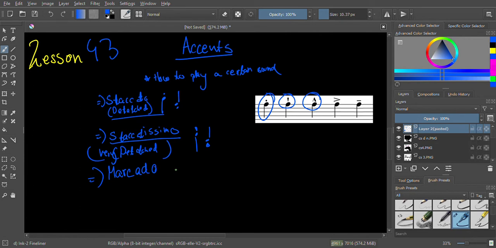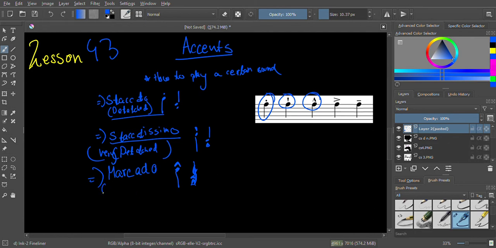That's when you have a specific note and you put a triangle over it like this. If I'm not wrong, you put a small triangle over the note. I'm not entirely sure about this one, but yeah. When you put a small triangle like this over the note, it looks like a cap or maybe a carrot. It's called a marcato.